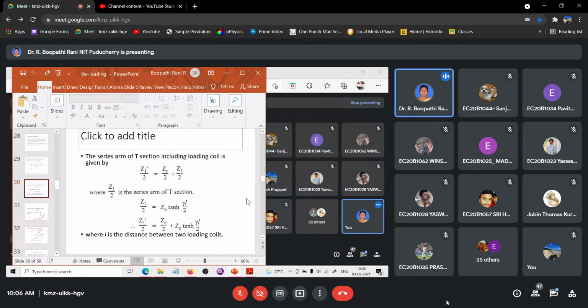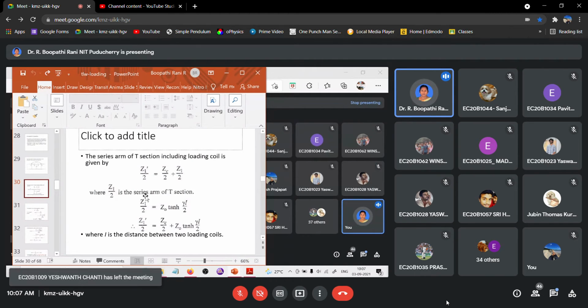Then the series arm of the T section including the loading coil: already it was Z1 by 2. Since we included the inductance, we have included additionally ZC by 2 on both sides. So the series arm of the T section will be Z1 dash by 2 equal to ZC by 2 plus Z1 by 2.